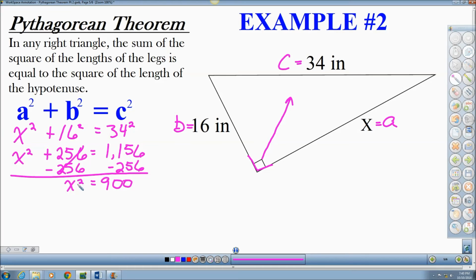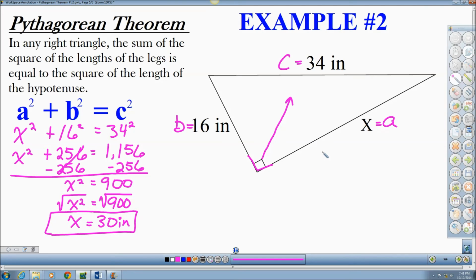Now I need to unsquare x, so once again I take the square root of x squared. And I also take the square root of the right side, which will be 900. The square root of x squared is simply x. And the square root of 900 is 30. So x in this problem is 30 inches. And I can box that in.